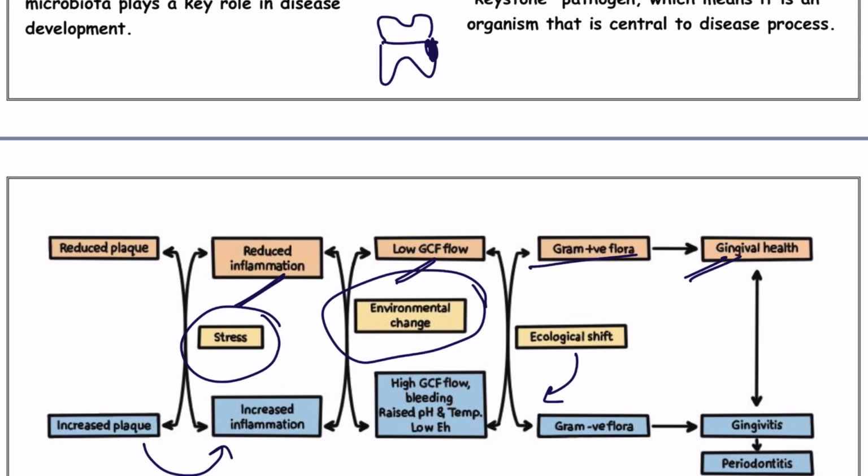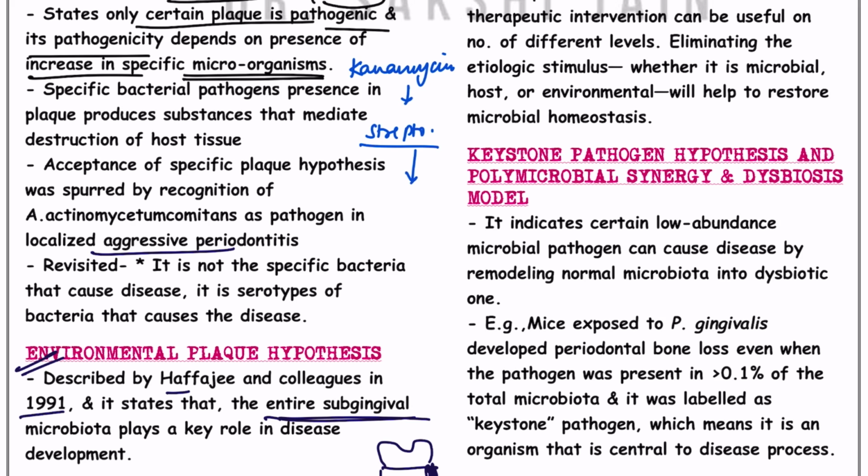Increased plaque means more inflammation, which leads to more GCF flow, bleeding, raised pH and temperature, leading to a shift from the positive flora towards the negative flora, and that leads to gingivitis, eventually causing periodontitis. So you can see there are various other factors which help in periodontal destruction.